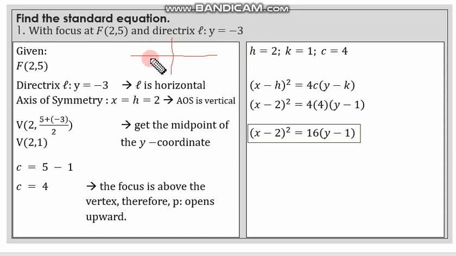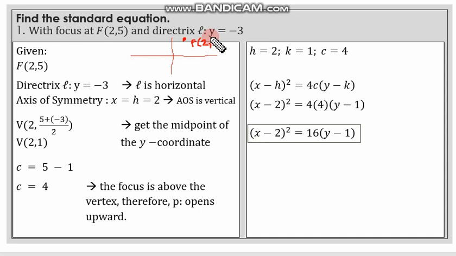The focus is at (2, 5), so 1, 2, 1, 2, 3, 4, 5. Somewhere here is our focus, at F equal to (2, 5).